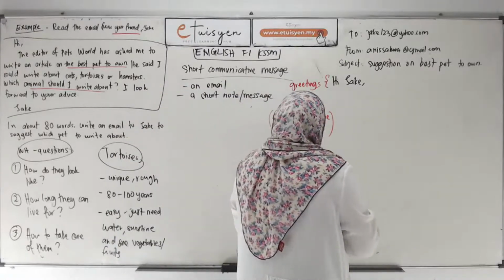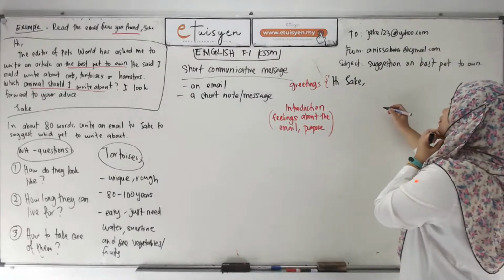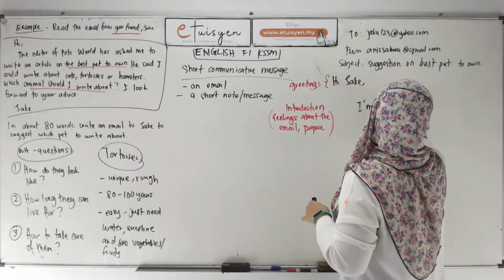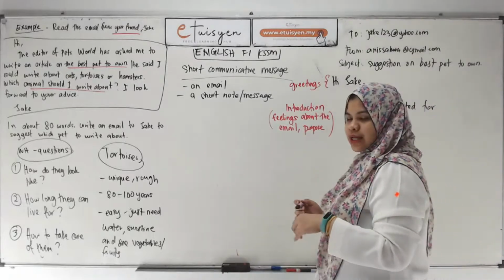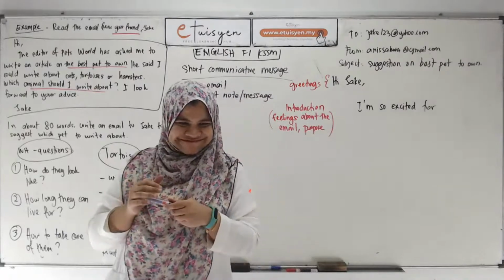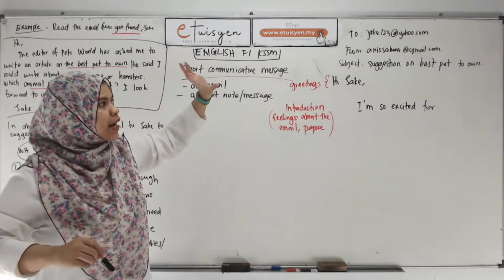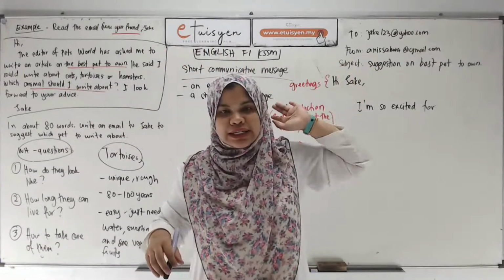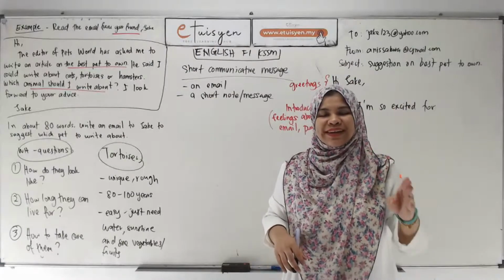So here, what I would say: hi Jake, I'm so excited for you. Oh, I forgot to say one more thing. When you write an email or a letter or anything like that, if you start with the past tense, you end with past tense.